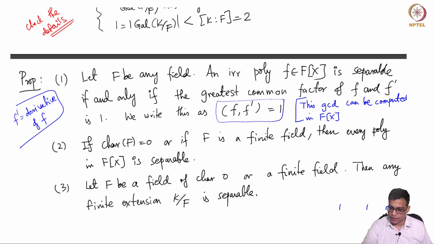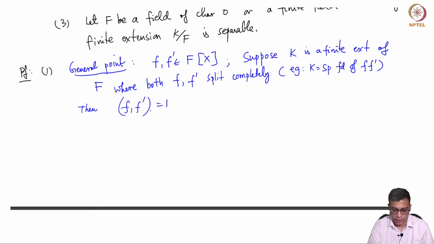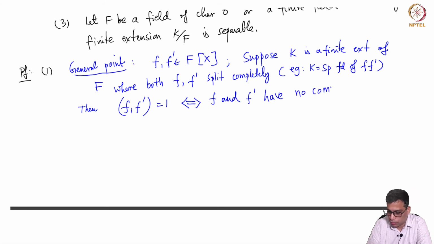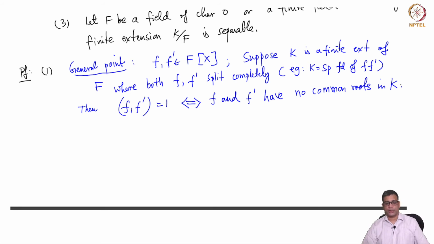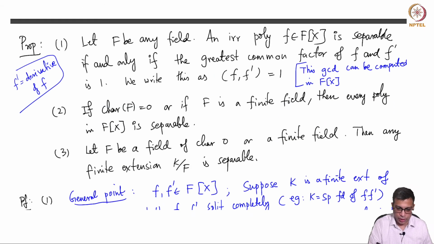So the greatest common factor is 1, meaning GCD of f, f prime is 1, if and only if f and f prime have no common roots in K. They may not have roots in F, but they will have roots in some particular extension K, and if they have no common roots there, they have to be co-prime.